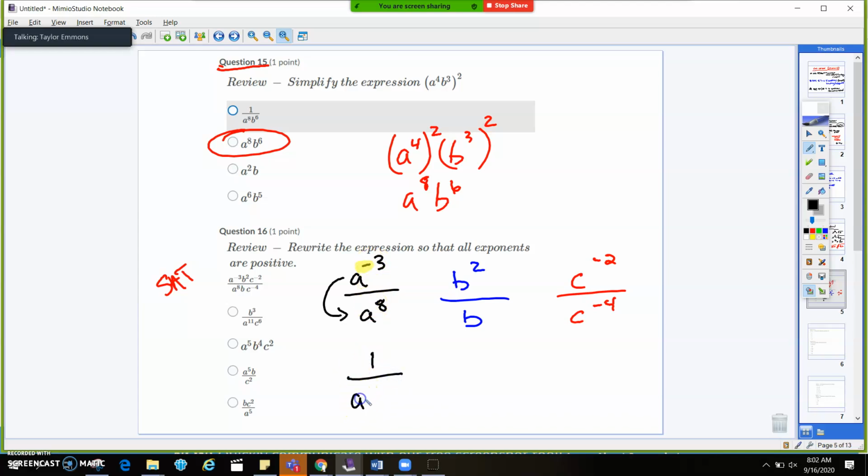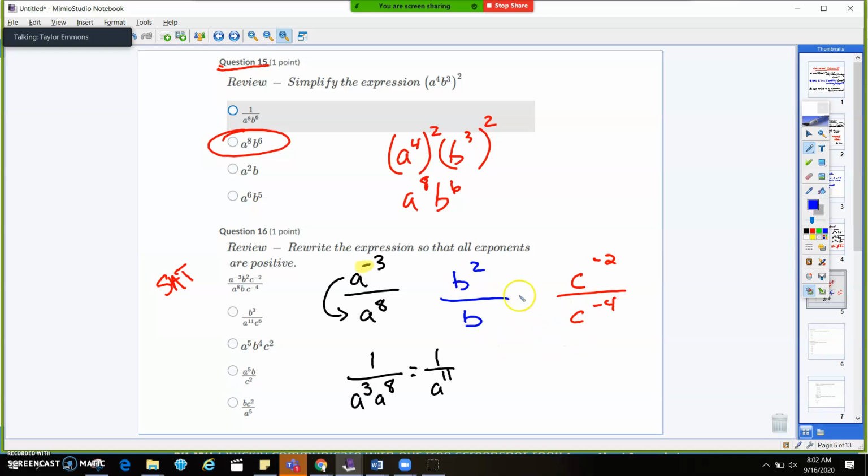So we've got a to the third and a to the 8th. Well, now this just becomes the product rule. So we're going to add those exponents together. So we're going to have 1 over a to the 8 plus 3, which is 11. Okay?